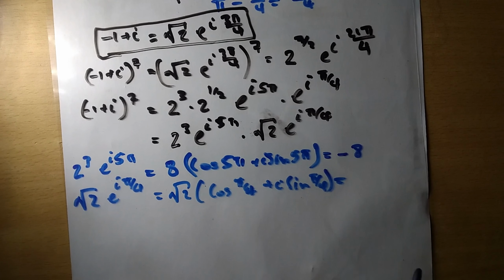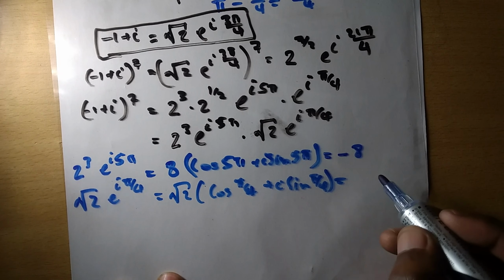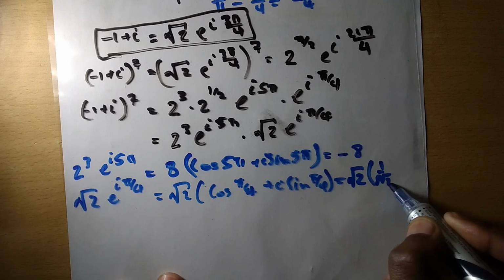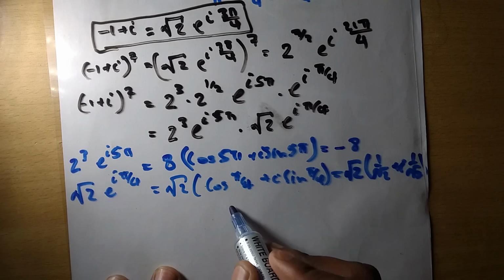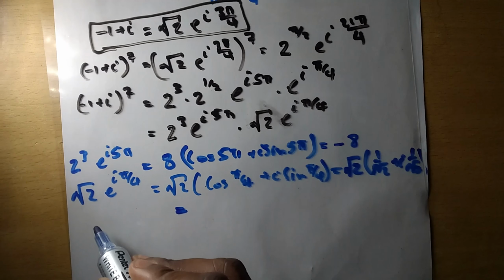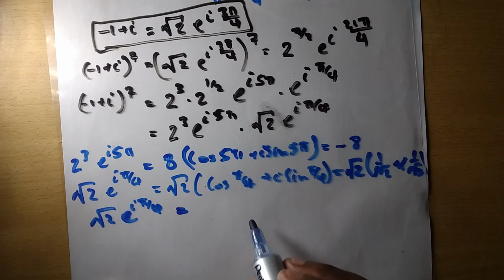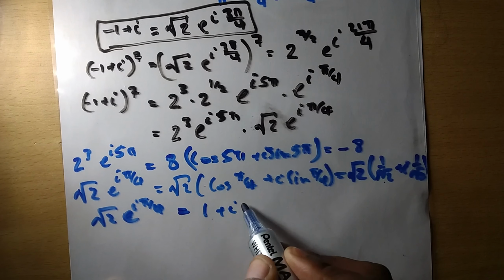We know that cos of pi over 4 is just 1 over root 2. So it's root 2 times 1 over root 2 plus I times 1 over root 2, which just becomes 1 plus I.